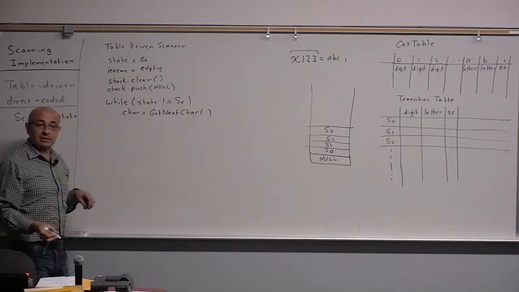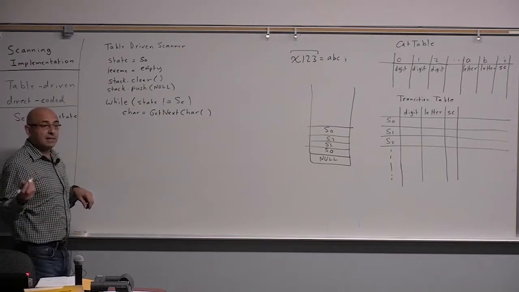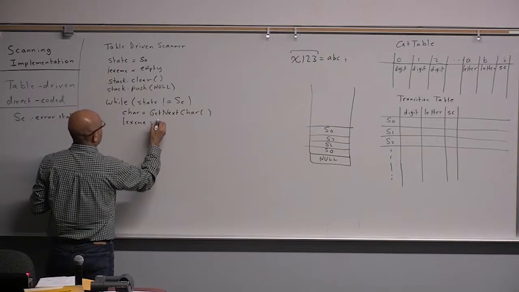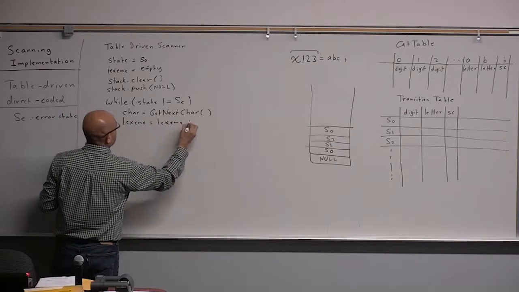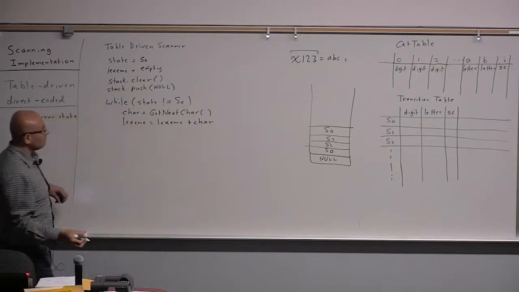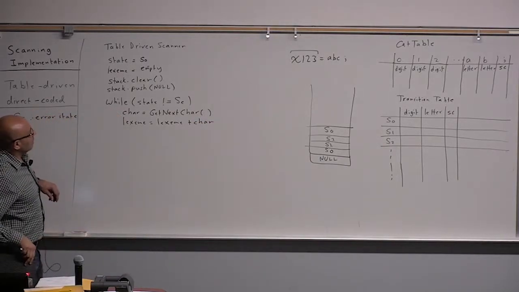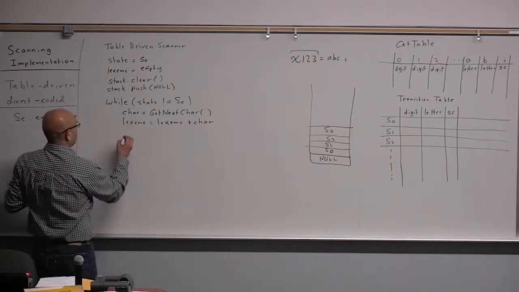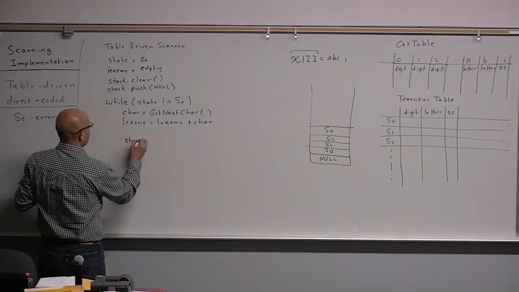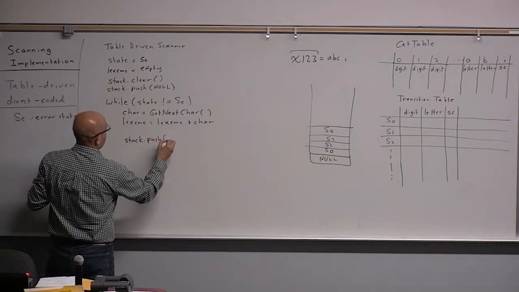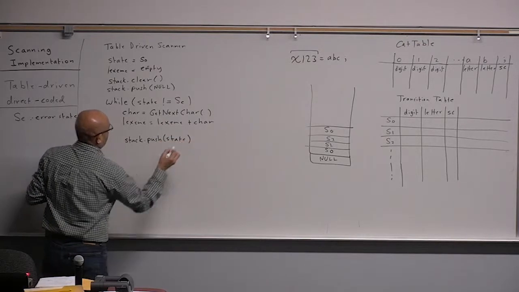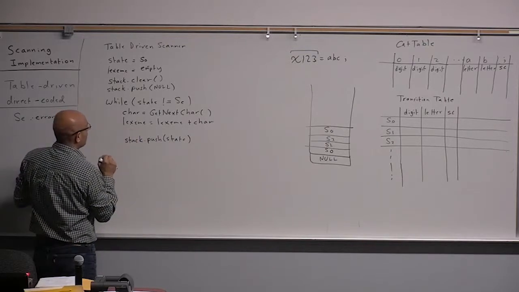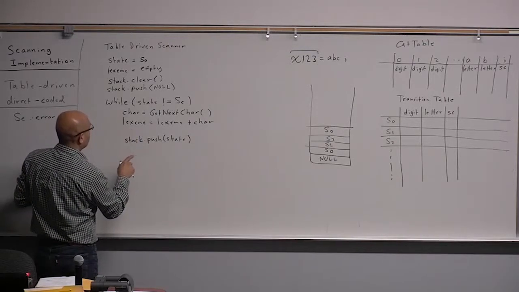We read the next character, and then we add this character to the lexeme. So lexeme equals lexeme plus character. Then we push the state. State dot push the state. There is something missing here that I will talk about in a minute.